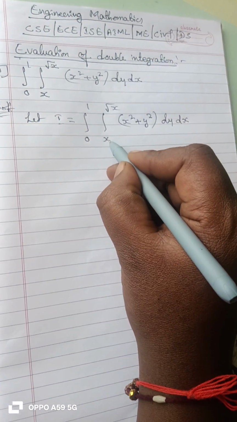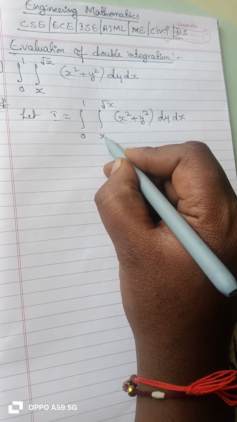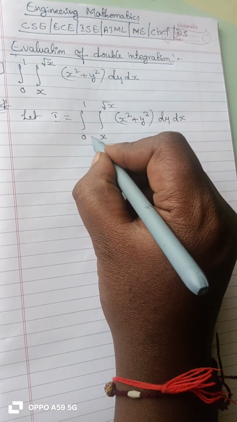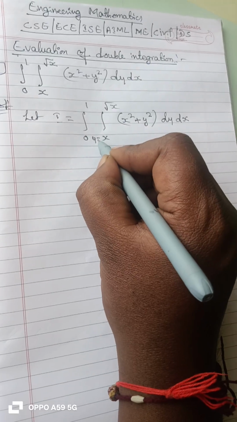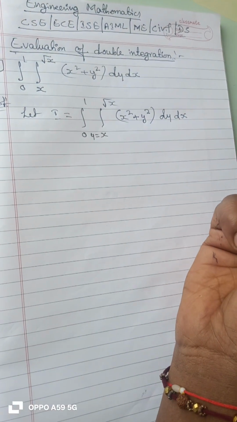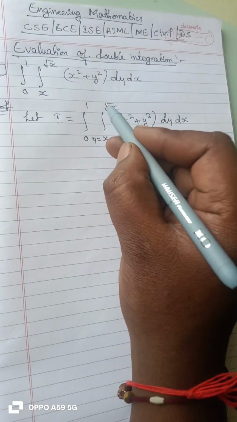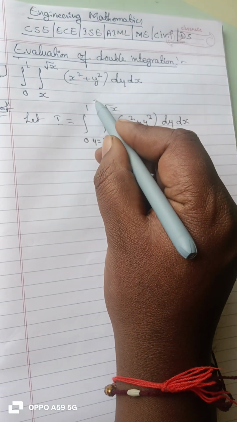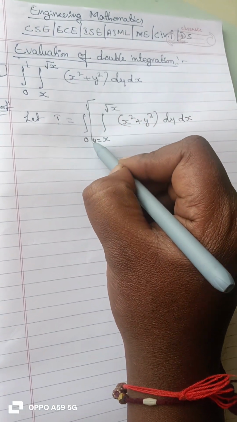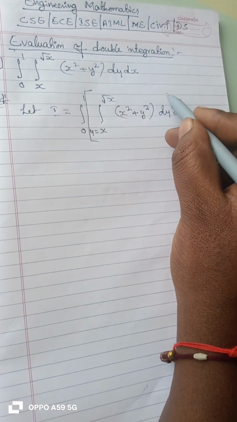So what are the integral limits? They have been given as x variable, so we have to take it as y variable. The y limits, so we need to do the integration with respect to y first.